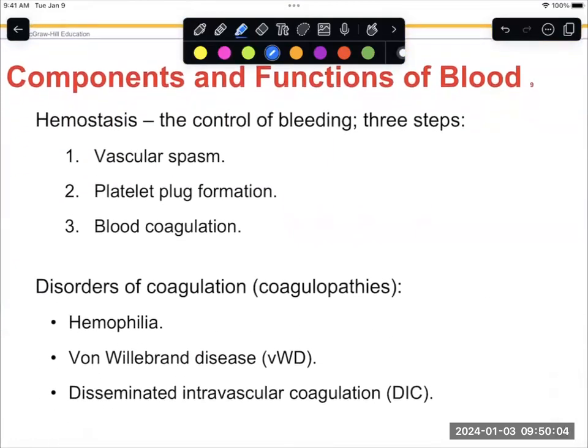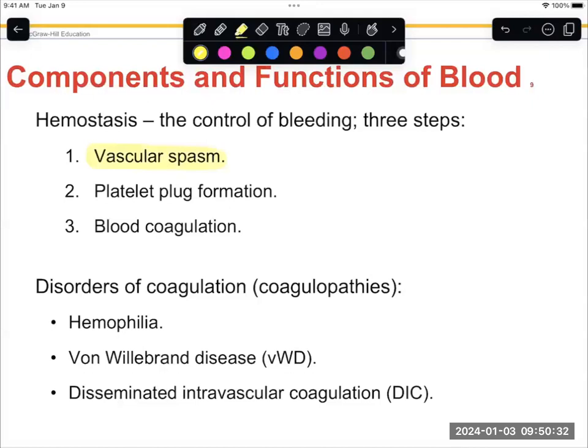Hemostasis. Hemostasis is how we control bleeding or prevent excess bleeding. Well, first there's vascular spasm. What happens in a vascular spasm is those blood vessels are going to try to close off.